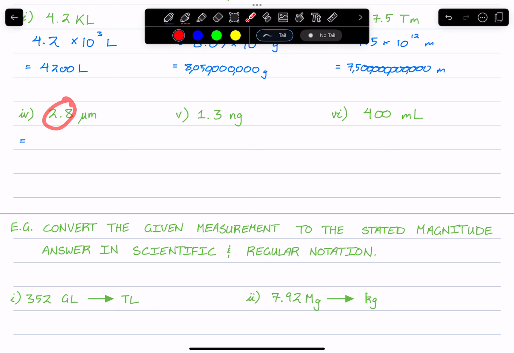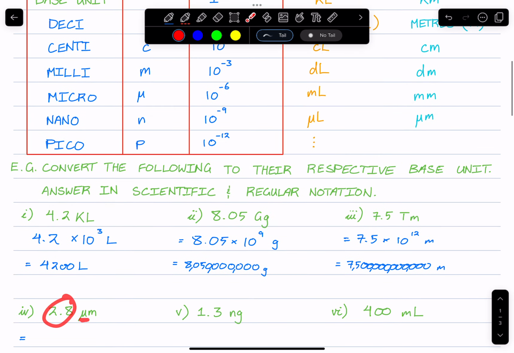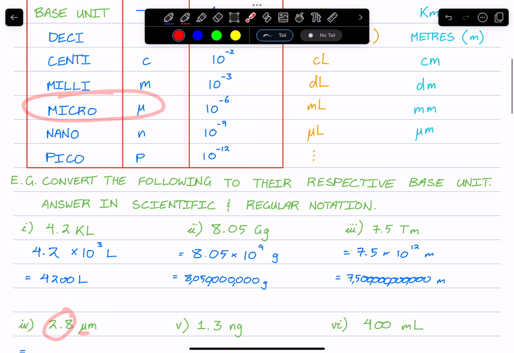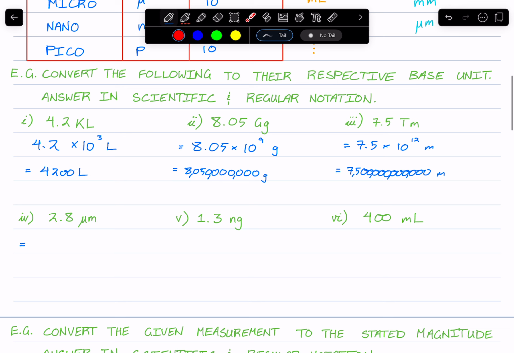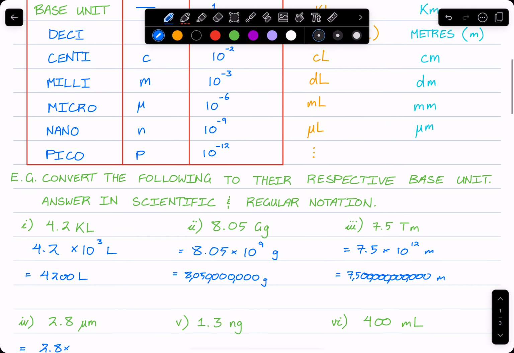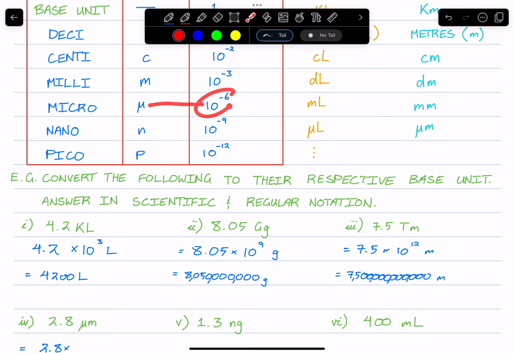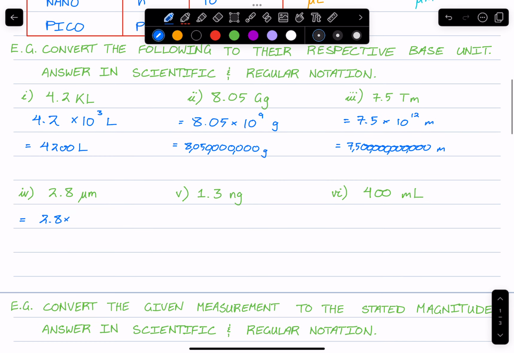So 2.8, this one I'm actually not familiar with. It's a microgram, so 2.8 micrograms. So it'll be 2.8 times, and the multiplier on the microgram is 10 to the power of negative 6 grams.